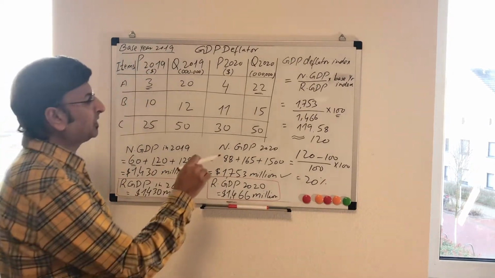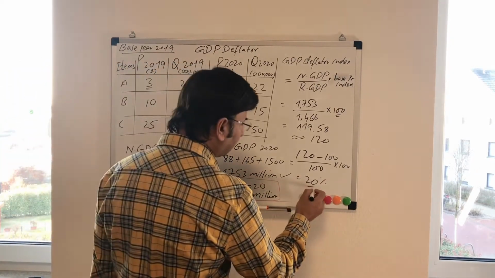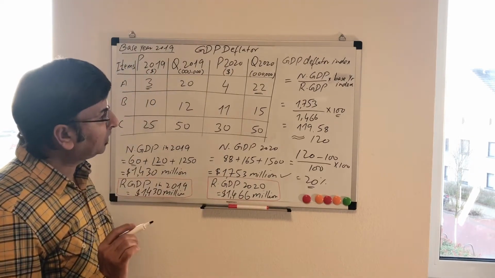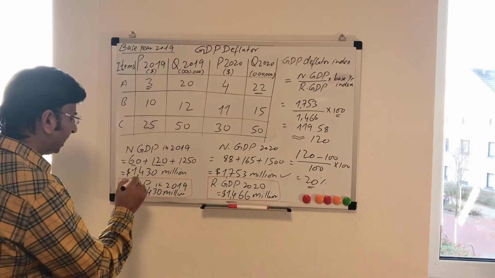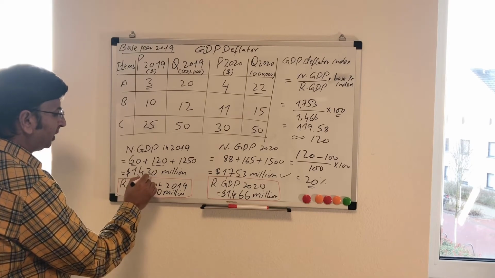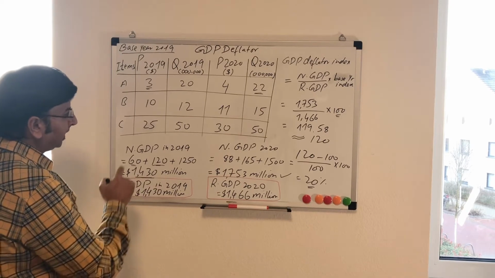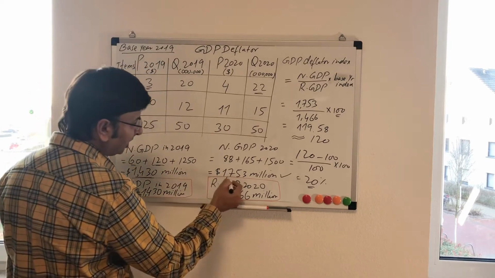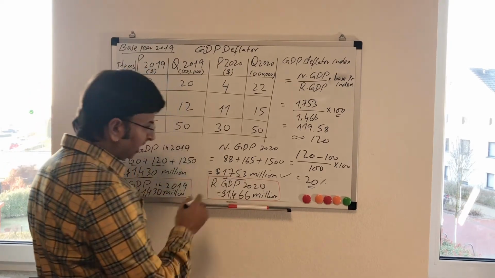Now it shows that inflation has gone up by 20%, and when I look at the GDP of 2019, it is 1,430 million, and in 2020 it is 1,753 million.